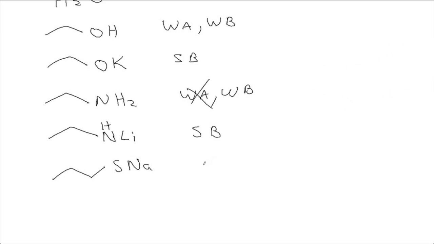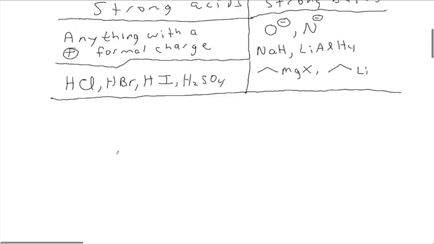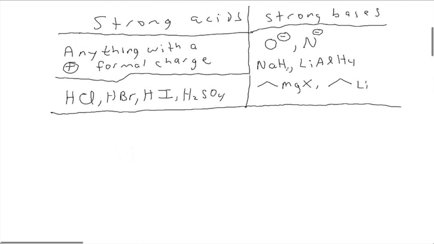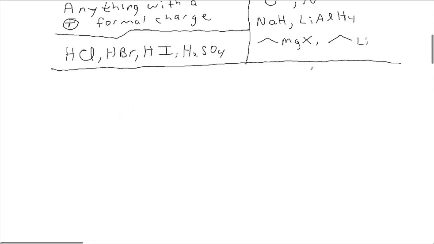I guess it would still be a weak base. Because again, it's got a negative charge, but it's not in that list. So we just have to memorize the list. These are the things that are strong bases. Other things are not strong bases, even if they have negative formal charges.